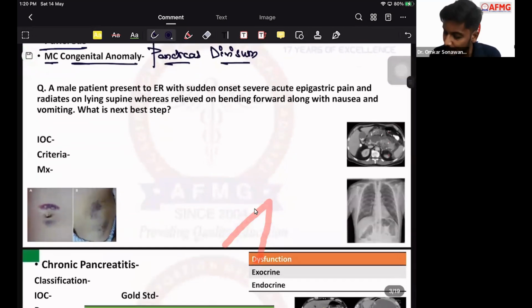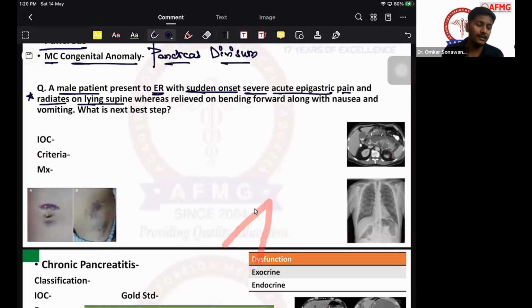Now, a male patient presents to the emergency room with sudden onset, severe acute epigastric pain which radiates to the back, and increases on lying supine. This is the classical finding. Please remember, if such a case comes, this is the classical finding of acute pancreatitis. Sometimes they will refer to it as excruciating pain.